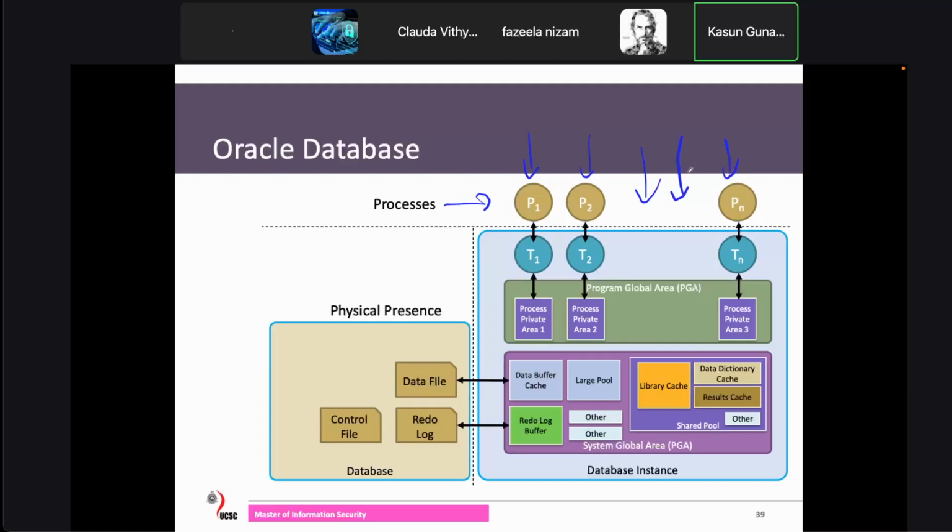So in the database server, as I said in the previous slide, there can be a database instance, right? It is in the runtime, so we call it database instance. Processes and user requests cannot be catered by a database which is not in the running mode, right? If it is physical storage, it cannot cater user requests.